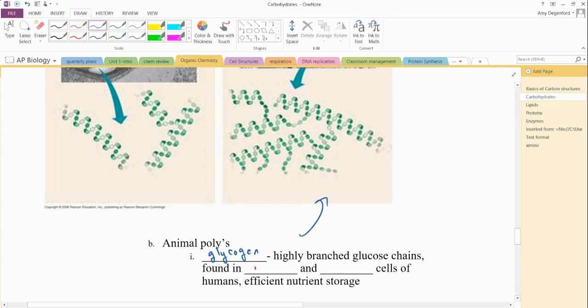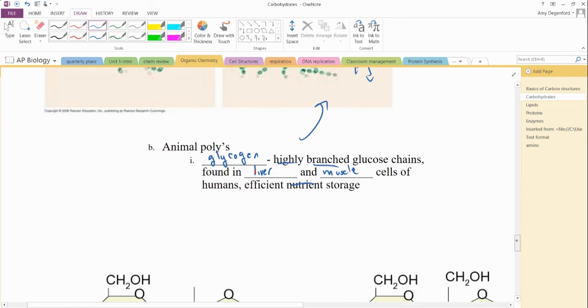There's really no difference between the structure, they're all glucose molecules, but this one's highly branched. You can see it's just like they're coming off from the main stem there. This is how we store glucose molecules. It's found in the liver and the muscle tissue of animals, and it's very efficient energy storage for us.